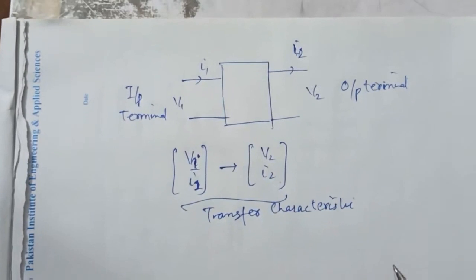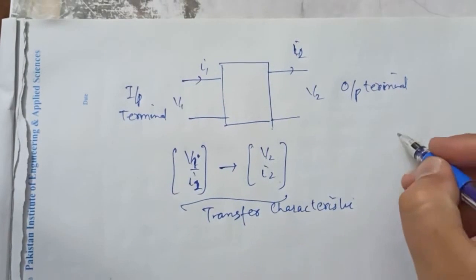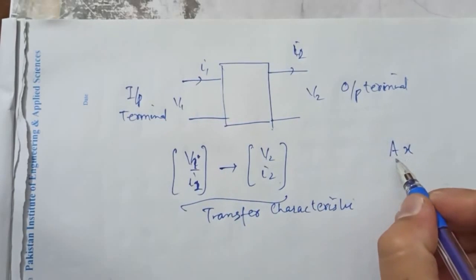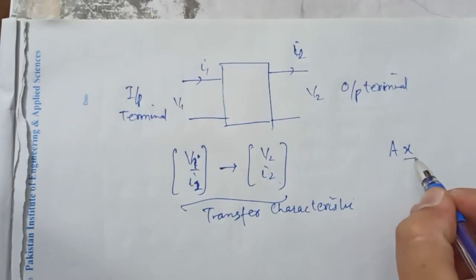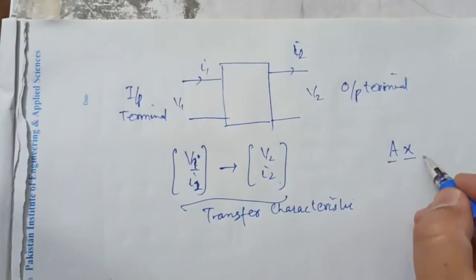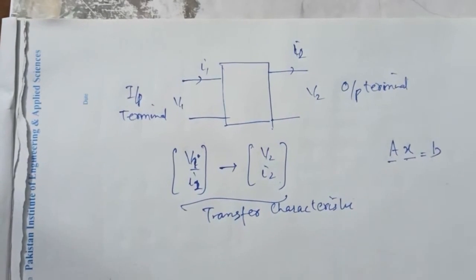It is similar to the transformation that we discussed in our early lectures, that what Ax does is transform this x by using A, and it converts this x to another column matrix which is b.